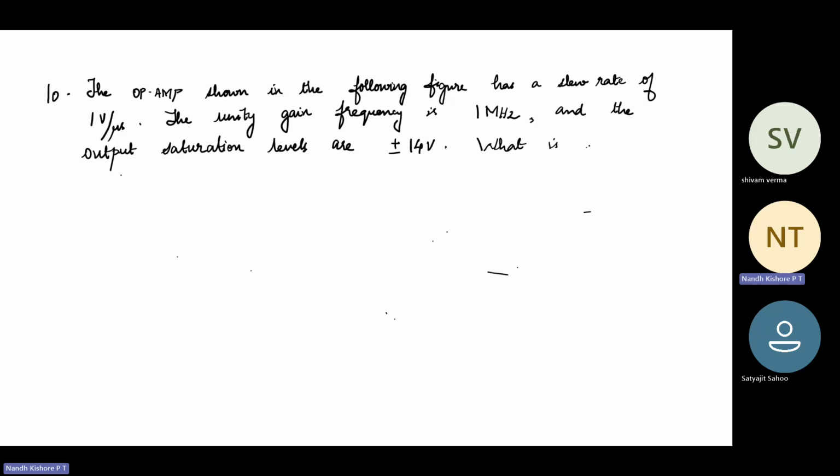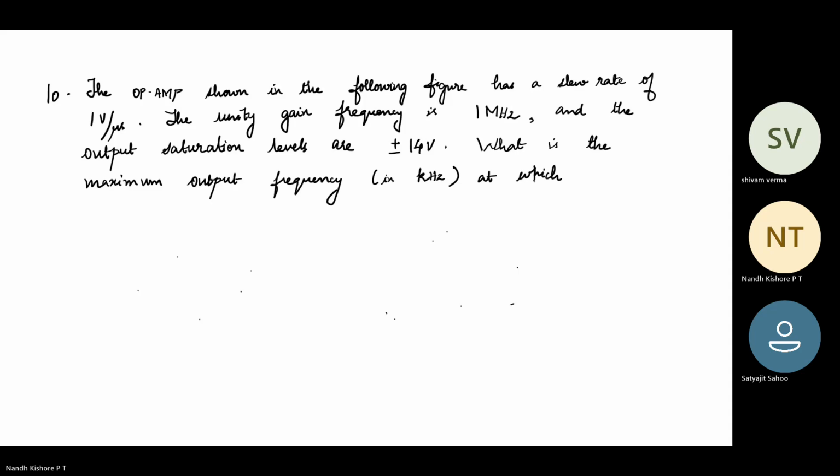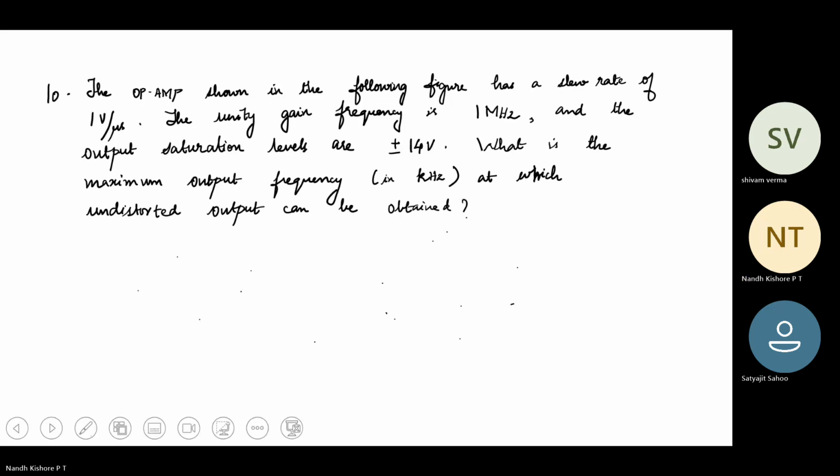The question is, what is the maximum output frequency at which undistorted output can be obtained?